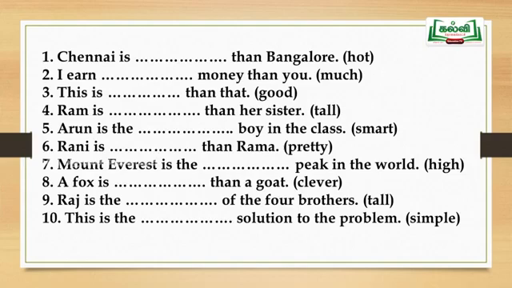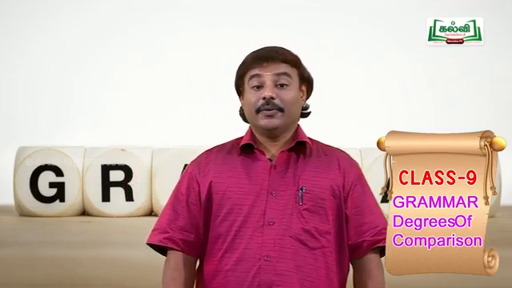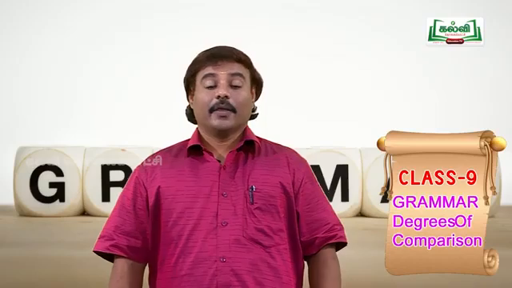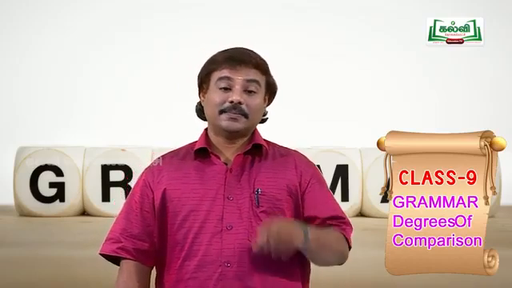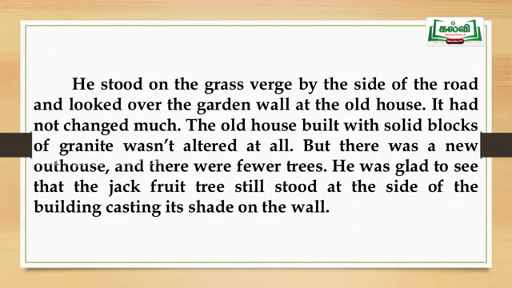I already told you, in your Unit 2 prose book, you can find this passage in lesson 2. He stood on the grass verge by the side of the road and looked over the garden wall at the old house. It had not changed much. The old house, built with the solid blocks of granite, wasn't altered at all.